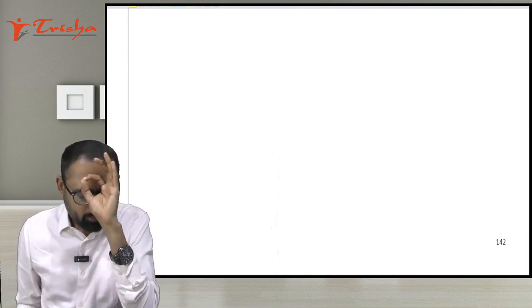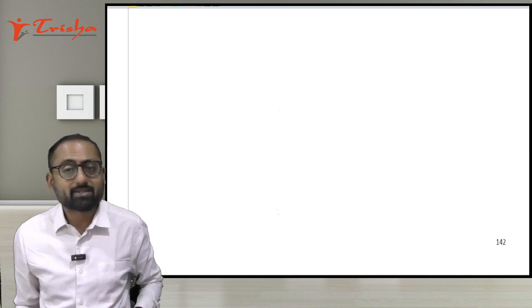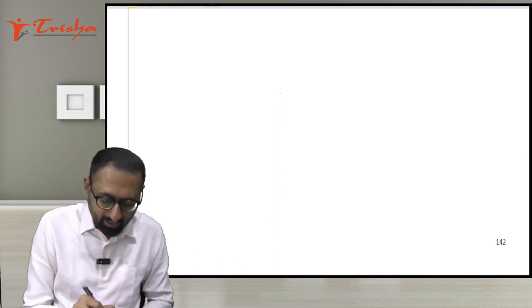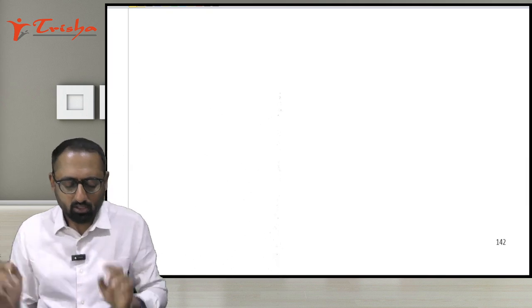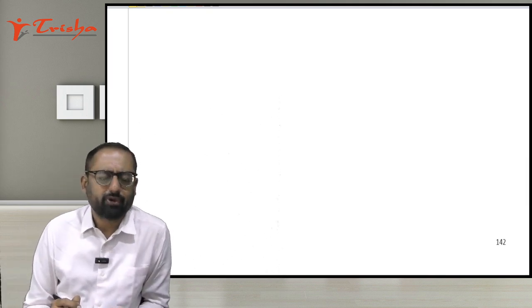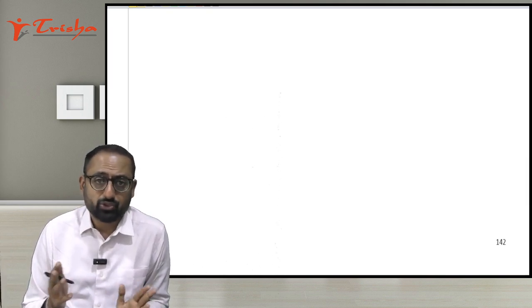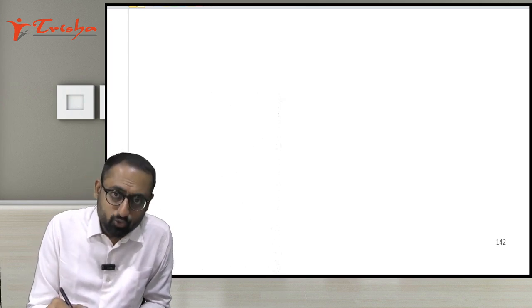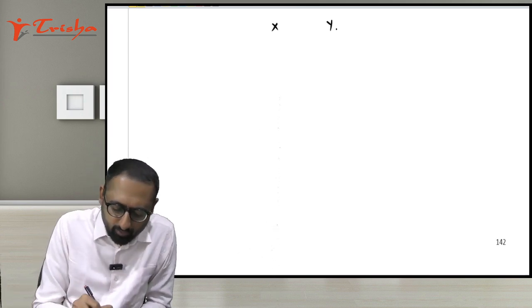Now the next most important point to be discussed here is an advanced level question. Everybody please concentrate here. If it is an 8 marks question or 10 marks question, suppose you are given 2 products or 3 products, whatever, product X, product Y, and production quantity is given.